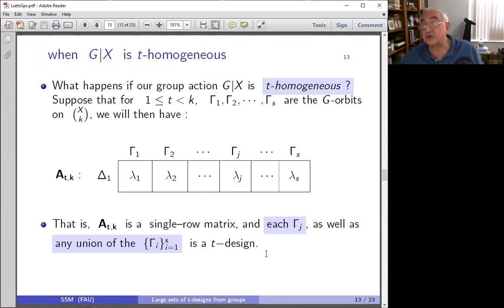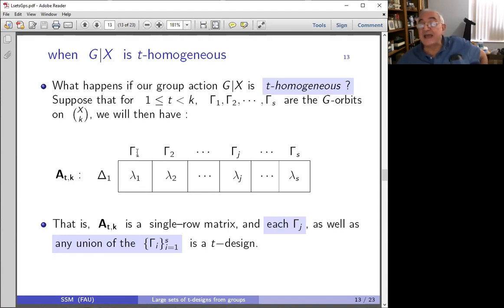But look at this matrix. It's a 1 by S matrix. And so, by the Kramer-Mesner theorem, each column adds to a constant. The first one adds to lambda 1 times 1, the second to lambda 2, and so on.